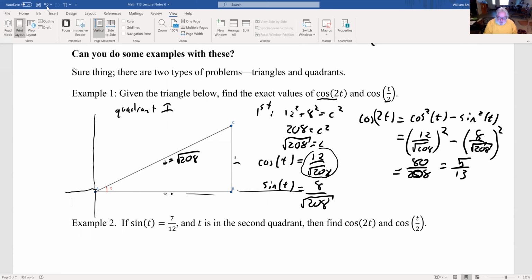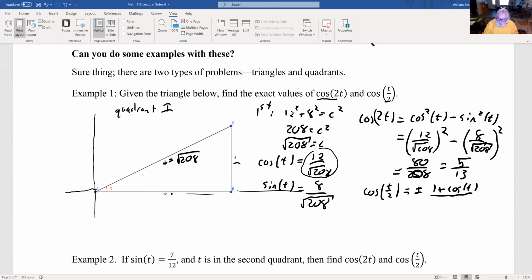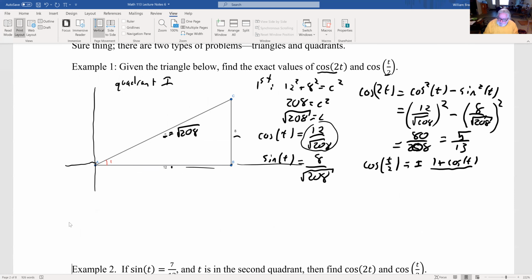Cosine of t over 2. That's where we use the half angle formula. That'll be plus or minus the square root of 1 plus cosine of t, over 2.